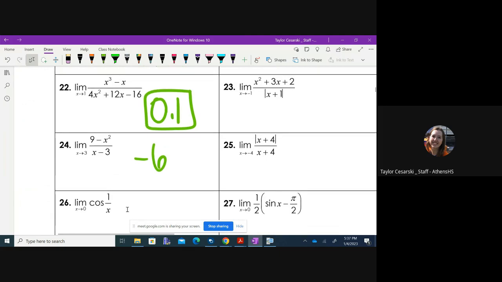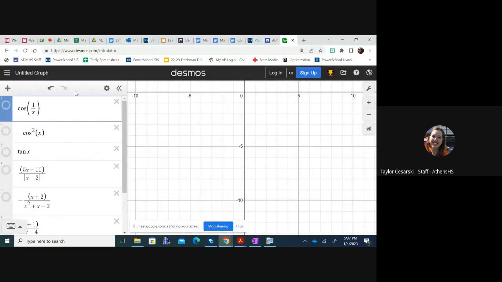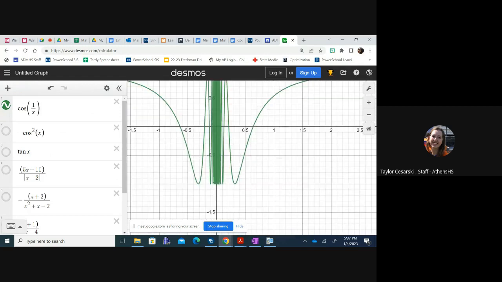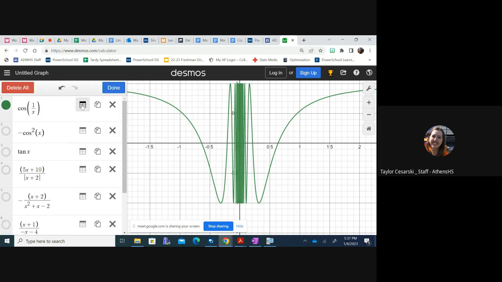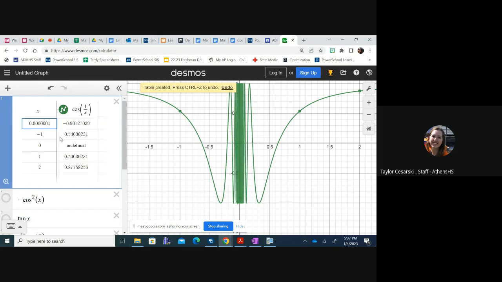All right, so now let's look at cosine of 1 over x. This one will look a little bit different. Okay, we're looking as x approaches 0. Now, notice without even looking at the table, I can see that it goes up and down a lot at that value of 0, meaning it oscillates. Let's see what that looks like on the table. So here it's at -0.9.